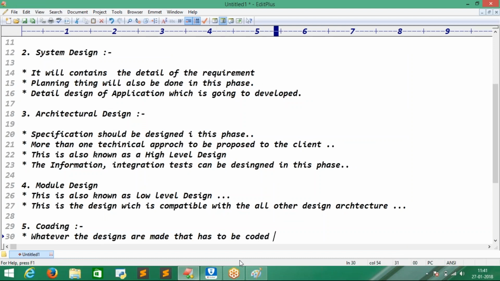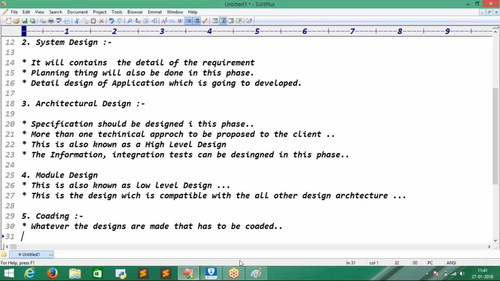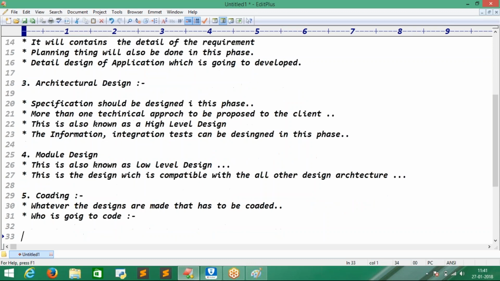So that is what coding is about, correct? Now, who is going to code this? Obviously, a developer is going to code. A developer or a coder is going to code it.